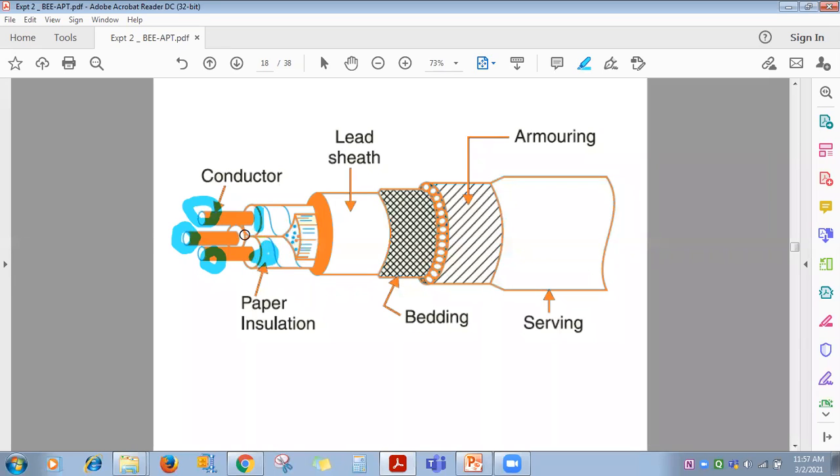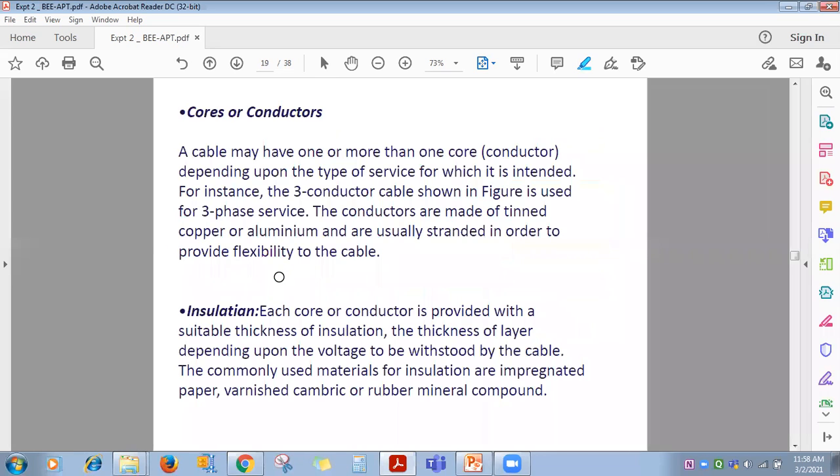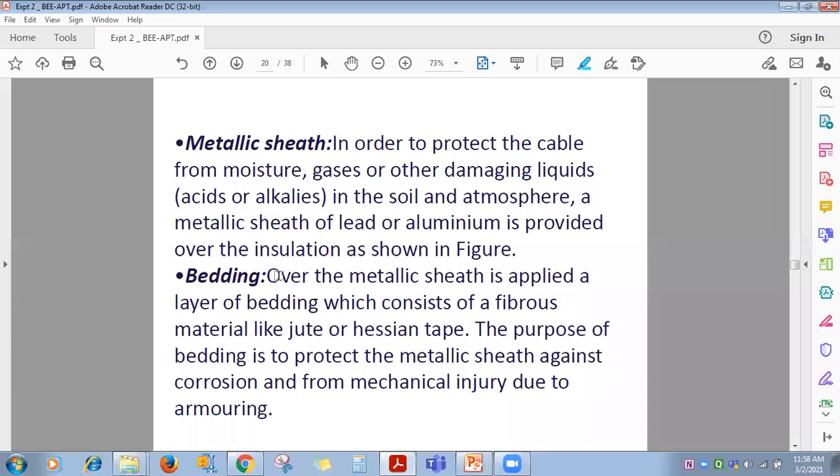So insulation is there above these conductors, so that no short circuit occurs and the conductors are safe. This insulation material you also have to protect from acids or alkalis in the soil. So you will find a metallic sheath.